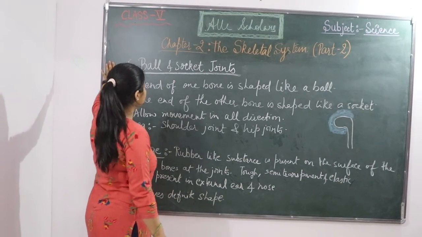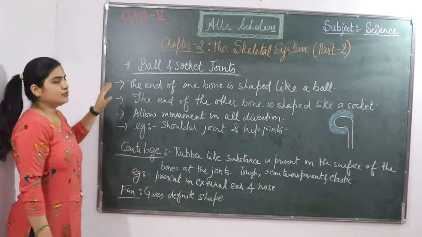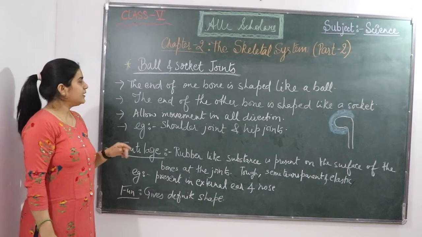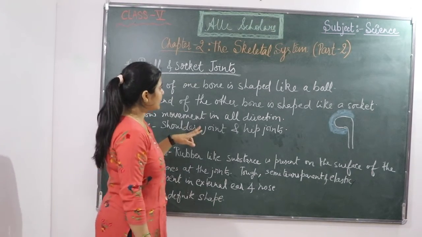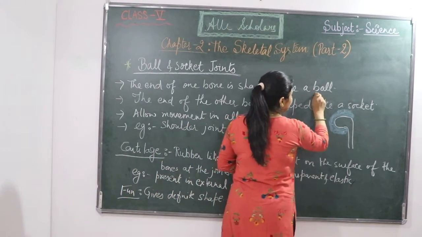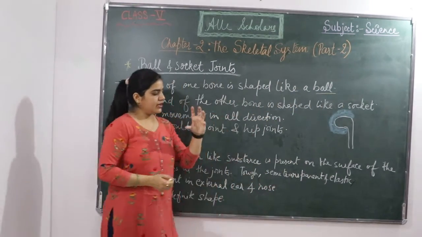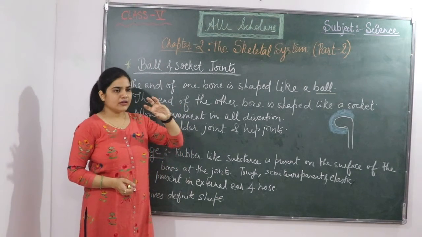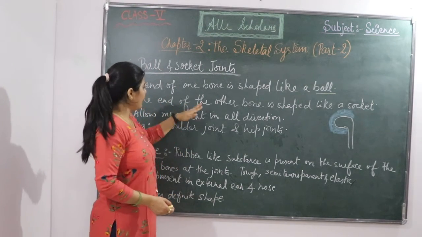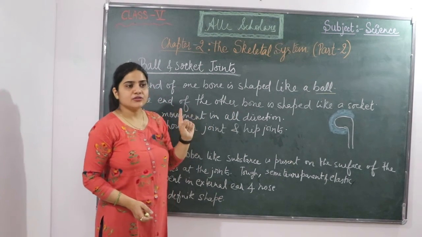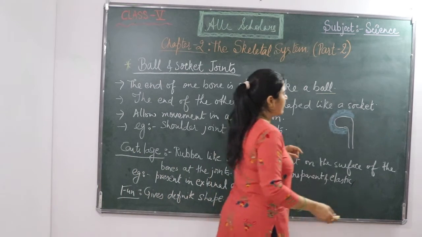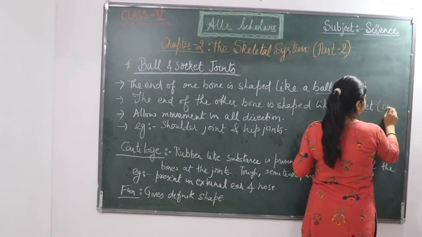Next, let's see the ball and socket joint. This is the fourth type of joint. The end of one bone is shaped like a ball, and the end of the other bone is shaped like a socket, or you can say like a cup.